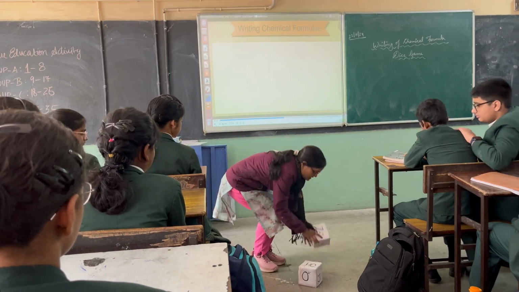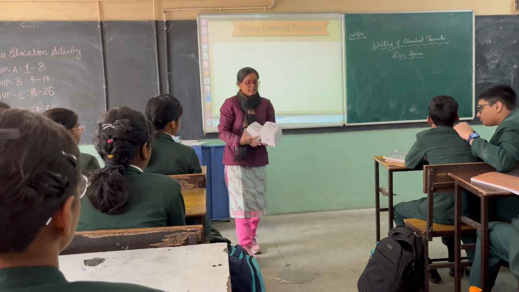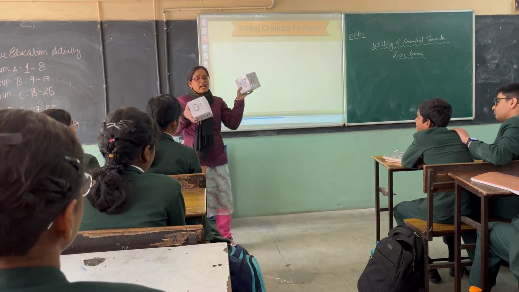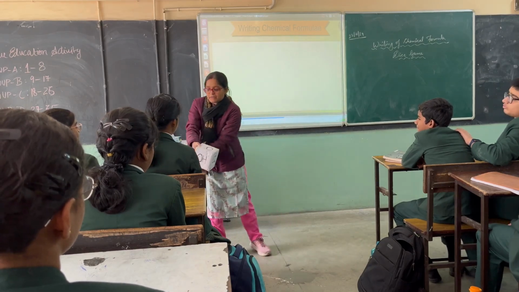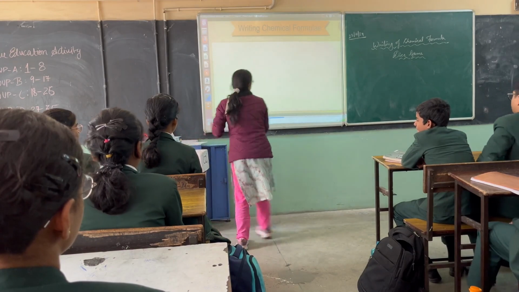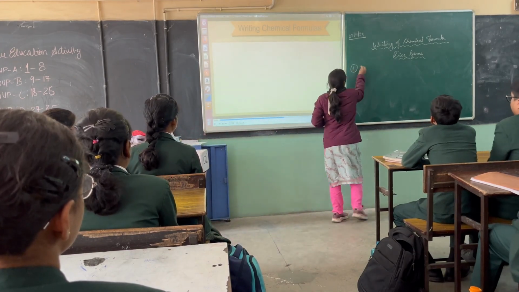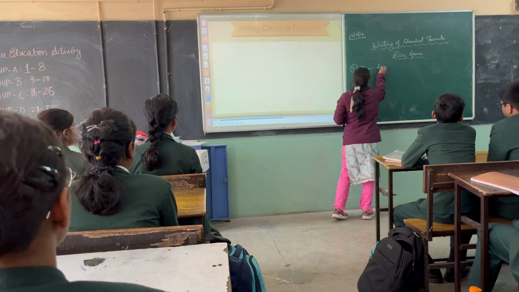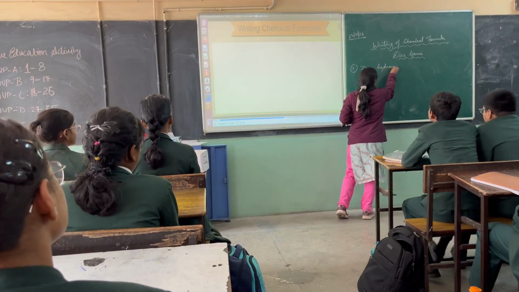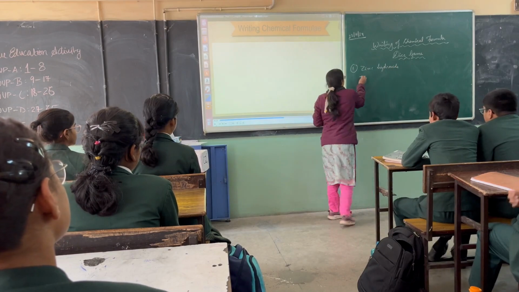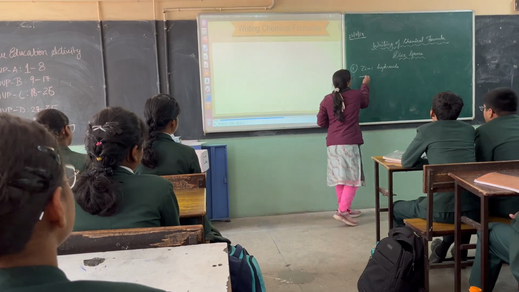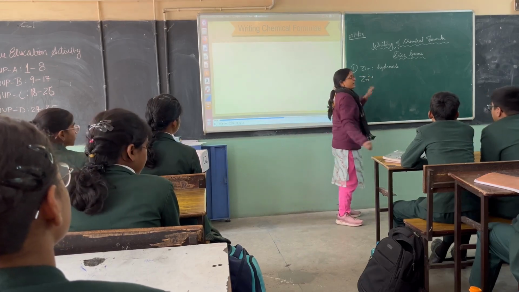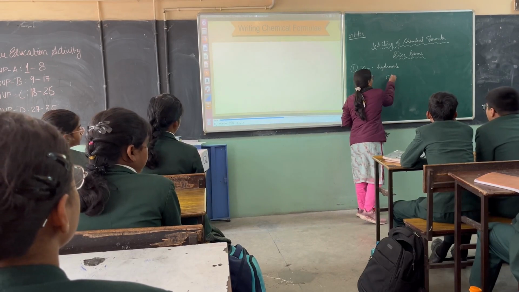So in this dice I have got Zn2+ and in this one I have got OH. So let's write its chemical name. This is zinc hydroxide. In the cation dice I have got zinc, Zn2+.